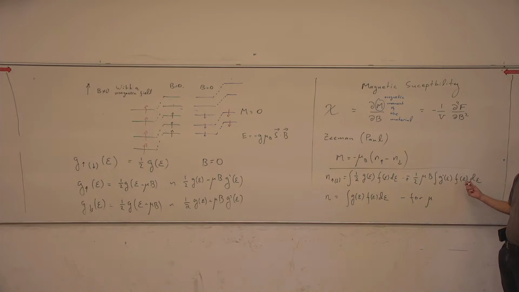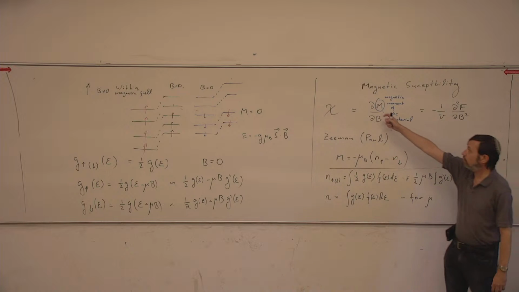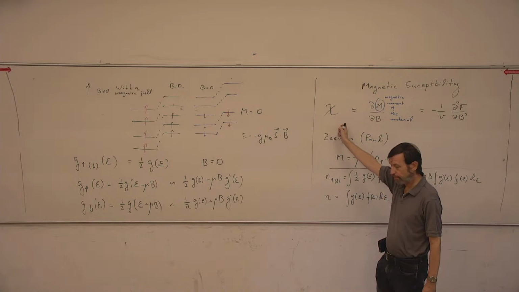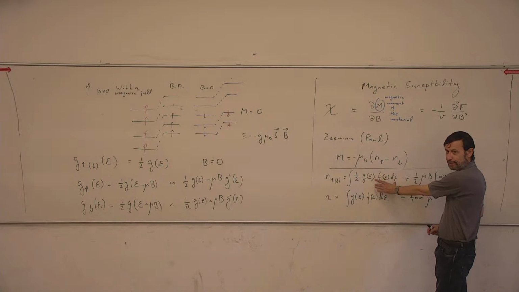What's nice about this expression? Derivative in integral? Yes, but even nicer is you have a simple dependence on B. When you go and calculate the susceptibility, you don't care about this term.